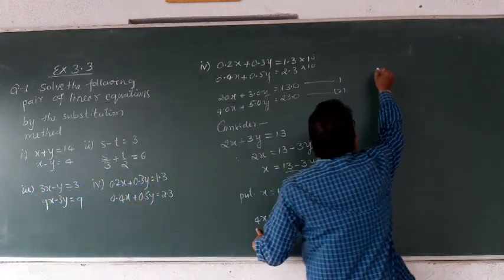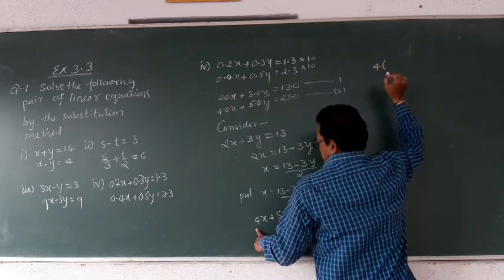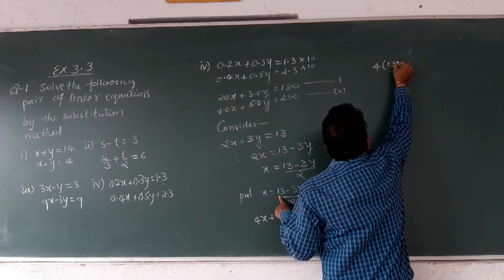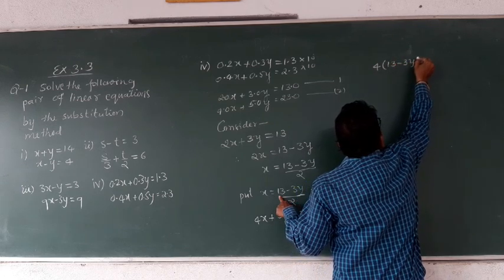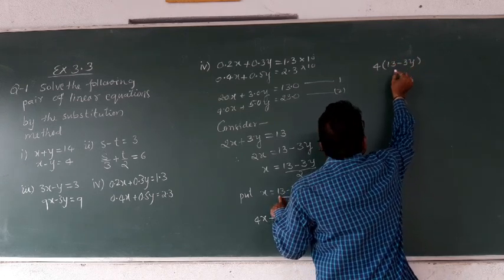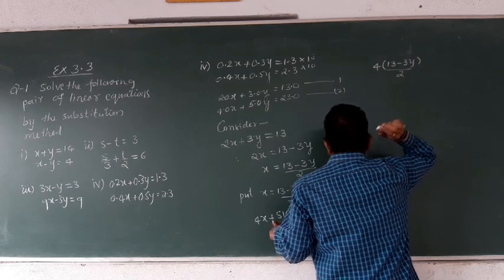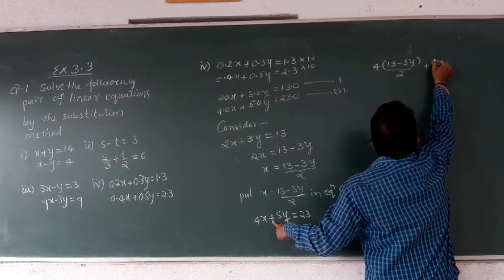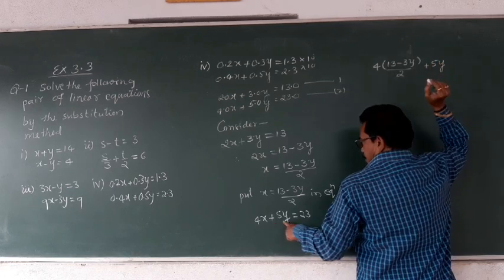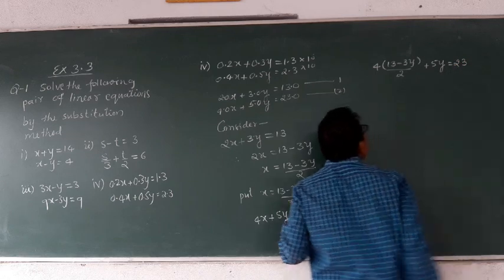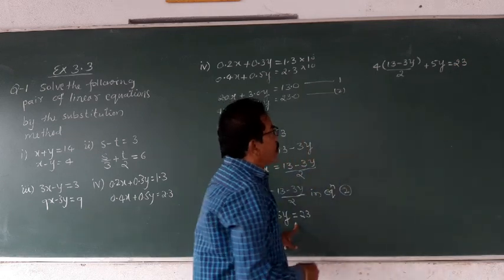Now 4 times the bracket, x means 13 minus 3y divided by 2, plus 5y equals 23.